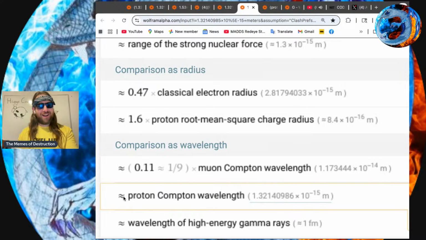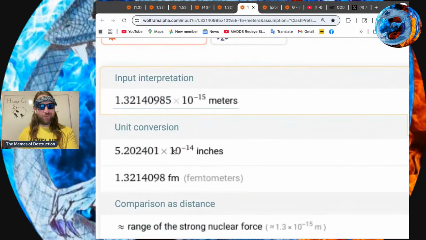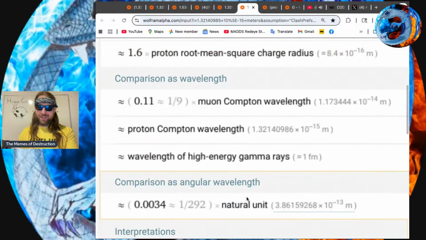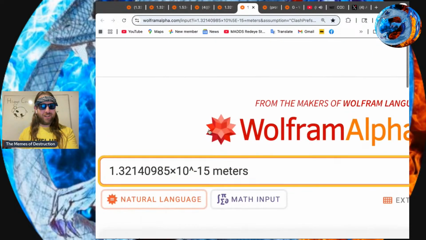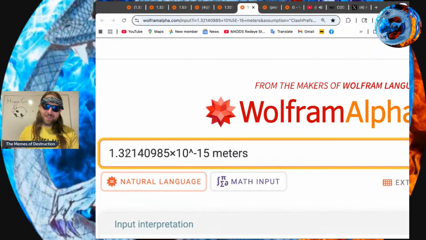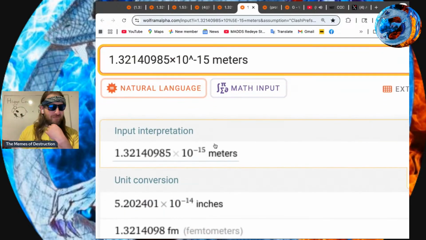And now it's saying it's approximately there, but 1.3214, 1.3214, and I think there's a 6 on the end, and over here it's a 5. Okay. Because that's 1, 2, 3, 4, 5, 6, 7, 8, 9. You're dividing something with a 9th digit. Okay.